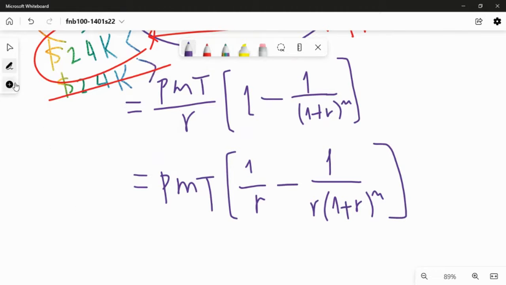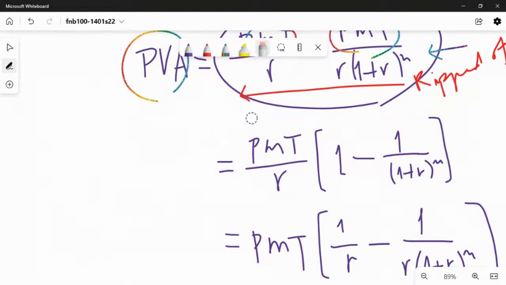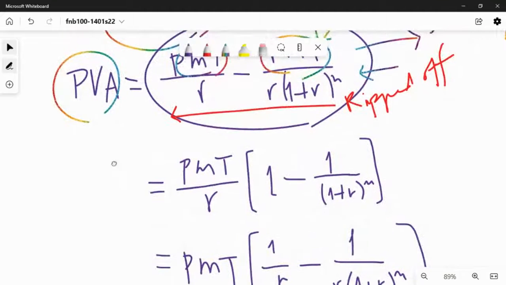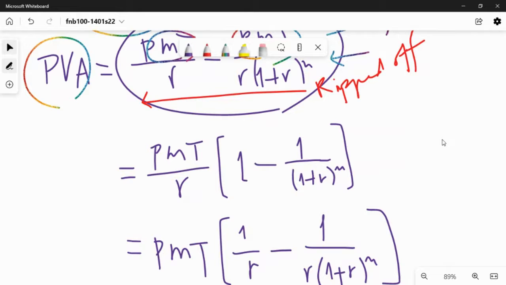And don't forget that the left-hand side, we don't have to repeat it. But the left-hand side of this equation is PVA, right? A lot of students who are not strong in math just forget, or they can't keep track of the train of thought.